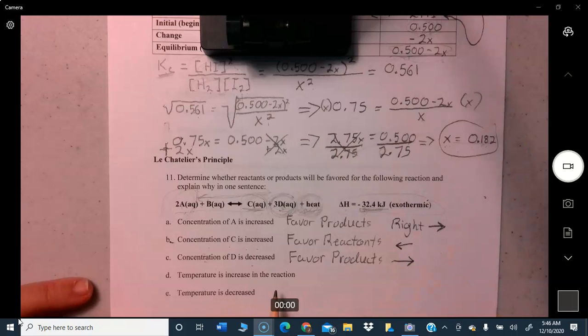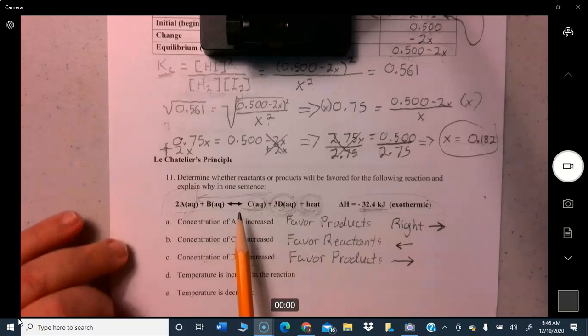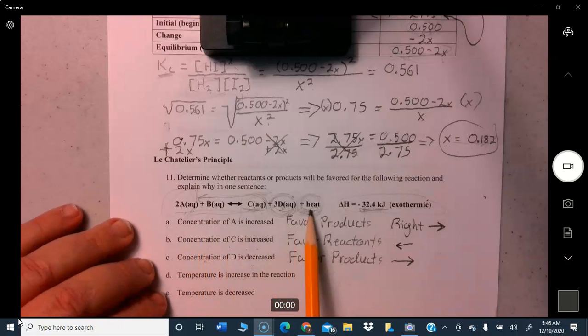Now the temperature is increased in this reaction. All right, so let's think about what's happening. This reaction is doing what it does, and it gives off heat. It wants to get rid of heat in order to go forward from left to right. It wants to give away heat. If all of a sudden you plug that up and don't let it give away heat, you're going to slow the reaction down, possibly even stop it.